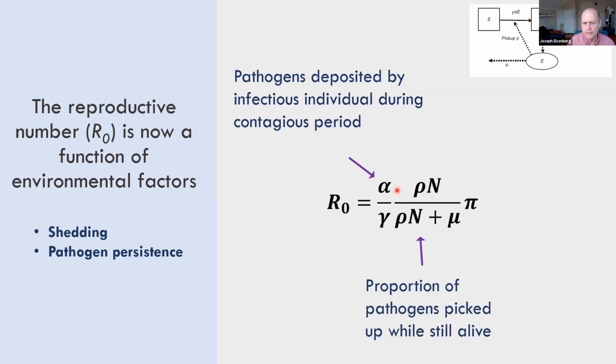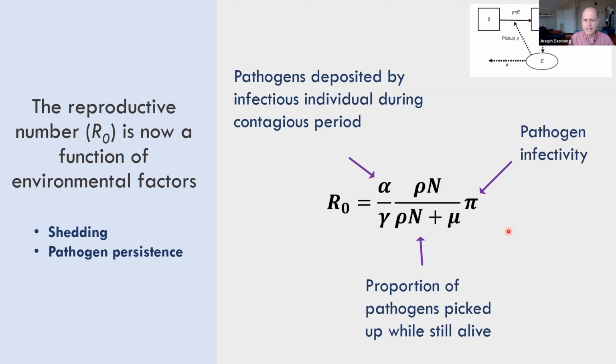And then this term here represents the proportion of pathogens picked up by a susceptible person while the pathogens are still alive. So mu accounts for the fact that the pathogens are continually dying. And then pi, again, is that pathogen infectivity. How infectious is that pathogen? Again, as variants come in, properties of the pathogen are going to change over time.